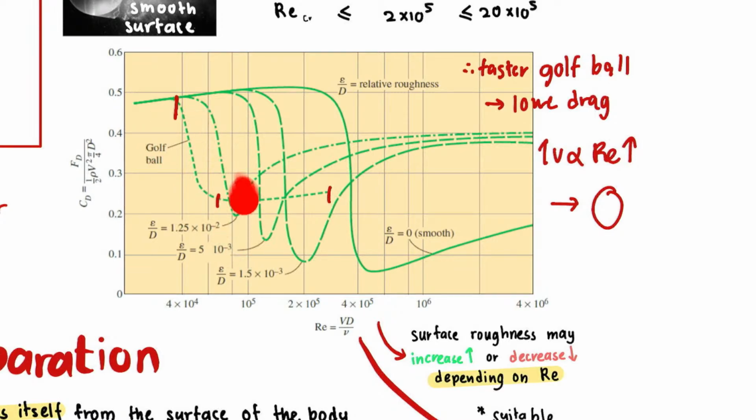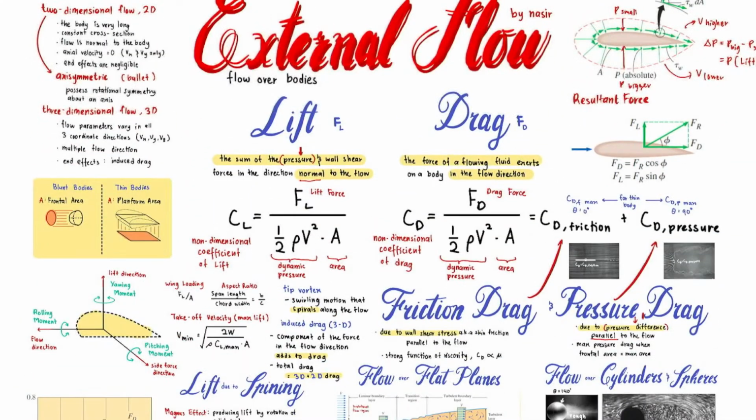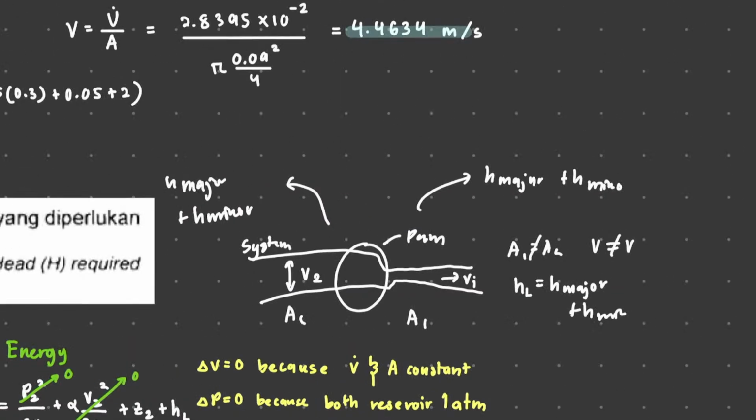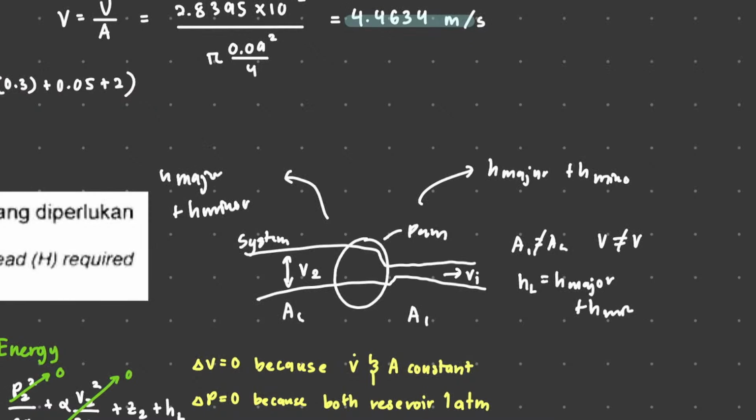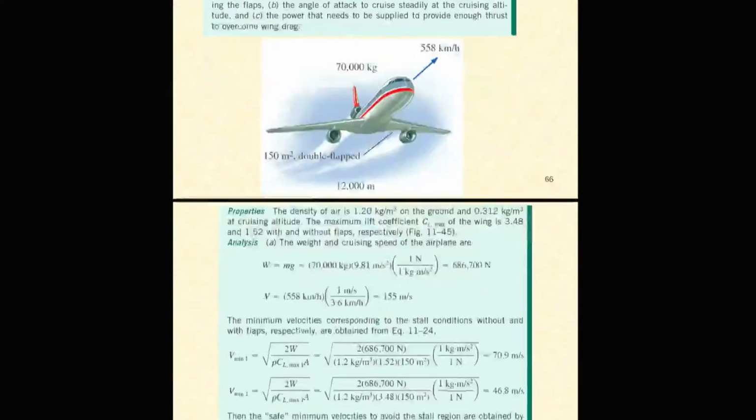You can also see the other examples, but this is actually a very small region, because if you want to observe, okay, wait, let me see, chapter 11, where is it?